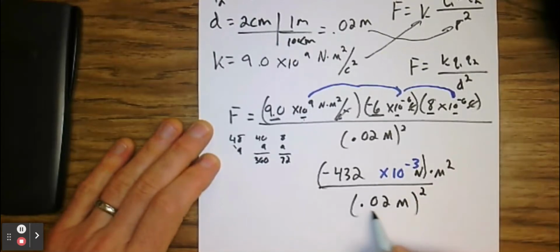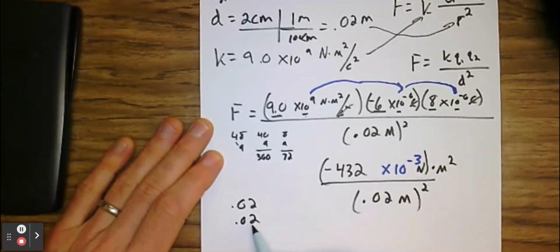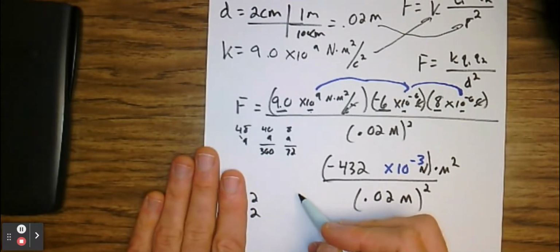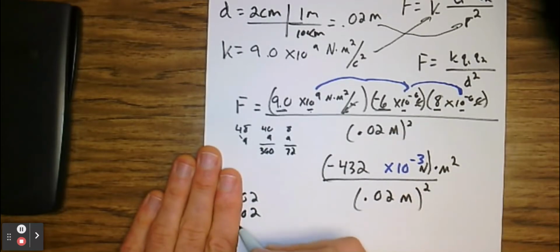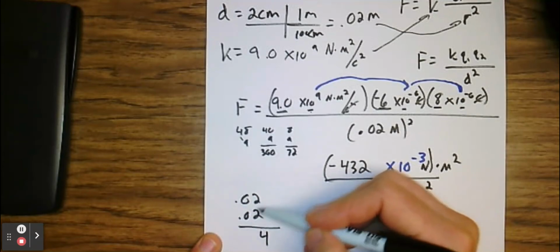Now, 0.02, how do I square that? Well, to square a decimal, just make it not a decimal. What's 2 times 2? We all know that is 4. And then how many spots did I move the decimal? 1, 2, 3, 4.